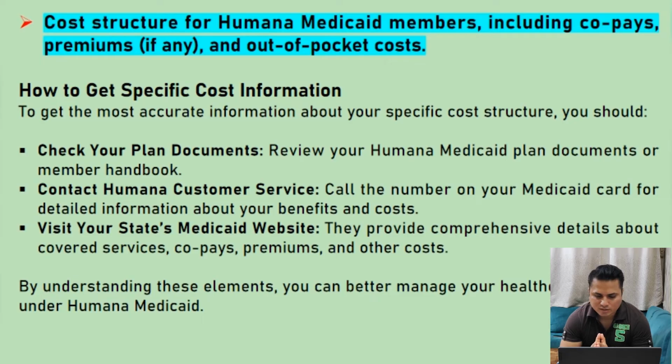Contact Humana customer service. Call the number on your Medicaid card for detailed information about your benefits and costs. Visit your state's Medicaid website. They provide comprehensive details about covered services, copays, premiums, and other costs. By understanding these elements, you can better manage your healthcare expenses under Humana Medicaid.